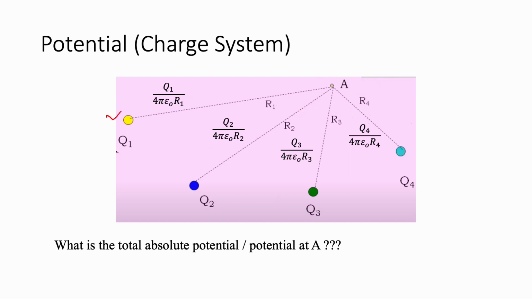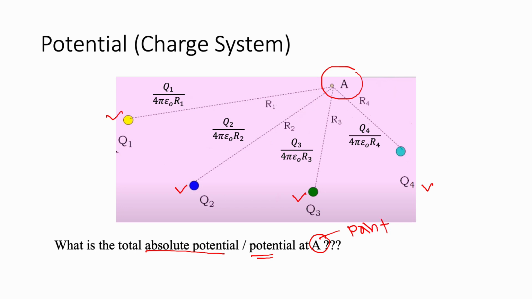We have multiple point charges here, Q1, Q2, Q3 and Q4, and one point of interest. What is the total absolute potential, or sometimes they just call it the potential, at A? A is our point of interest.